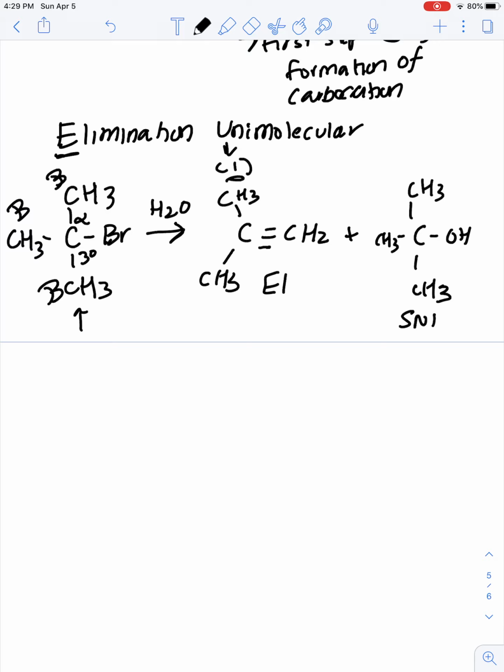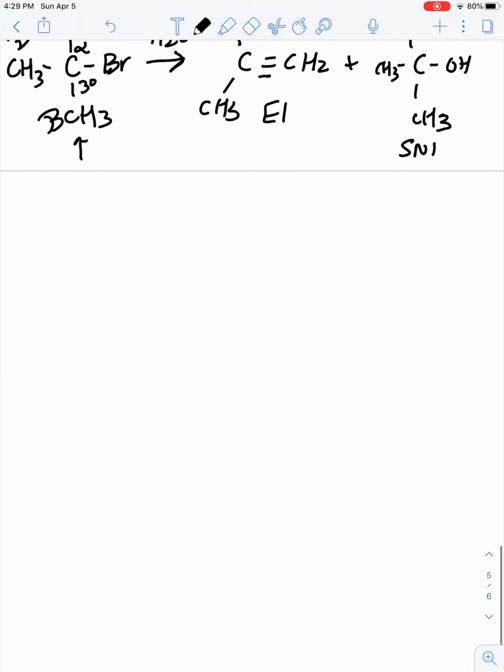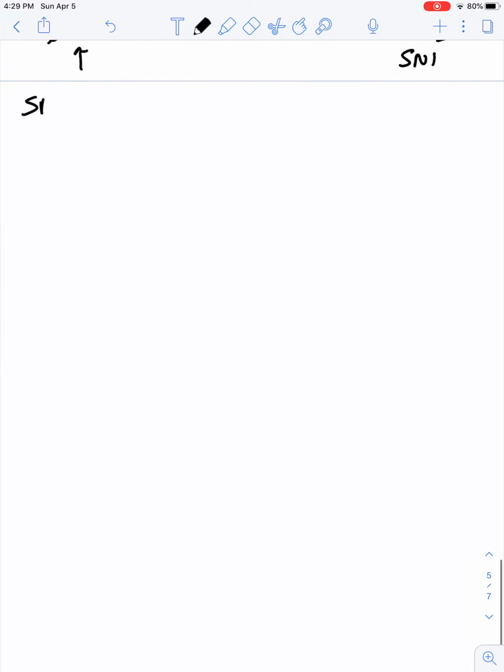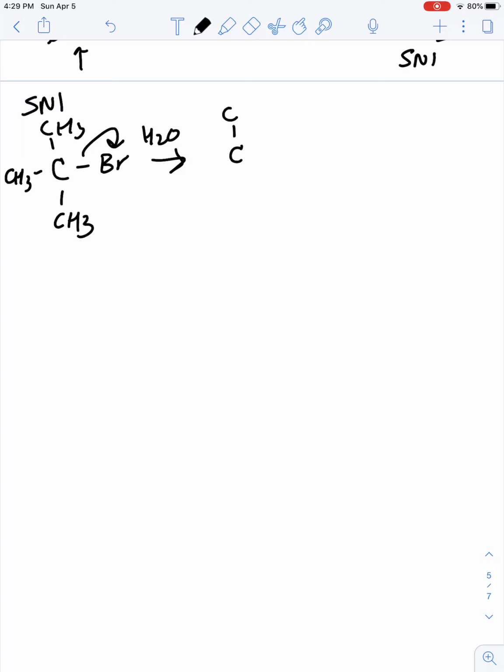SN1, I know everyone is really comfortable with, so let's start there. In this mechanism, we have our leaving group leaving, so we're going to have the formation of that carbocation, which is on a tertiary carbon, which is ideal. Then we have the attack of our nucleophile, water in this case, at the carbocation site.